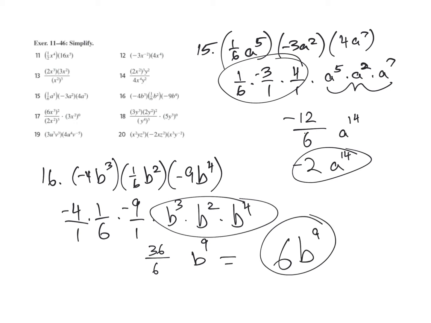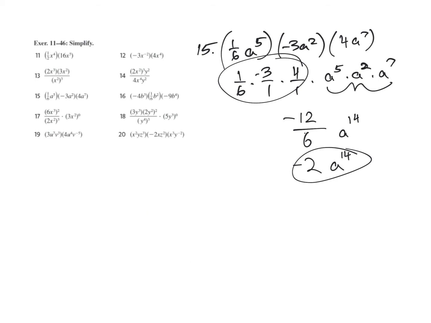All right, let's go on to number 17. Let's get rid of this stuff. All right, 17. 6x cubed squared and 2x squared cubed times 3x squared to the 0 power.